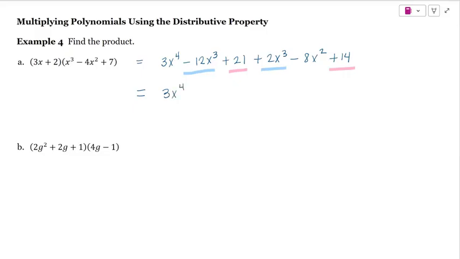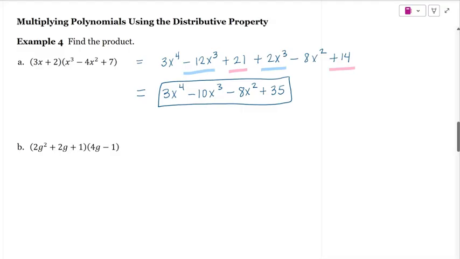Let's see, for the cubed terms, we've got minus 12 plus 2, that's minus 10x cubed. The negative 8x squared will come next. And then we're going to combine the numbers together. 21 plus 14 will be plus a 35. So that's our final answer.